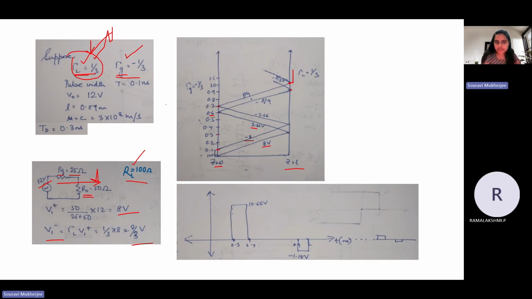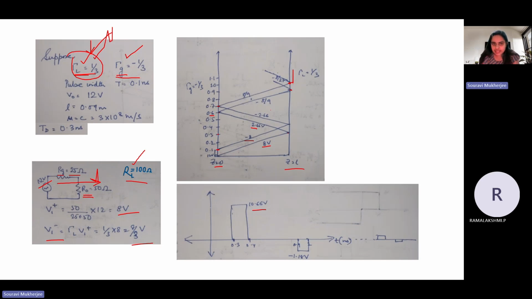Okay. So based on this relation, now what this is telling you, if you just look at 0.3 to 0.4, this region here, where your signal has reached the load end, you have given 12 volt at the source, right? But when it reached the load after 0.3 seconds, what is the signal that you are getting? So you have 8 and you have 2.66. So if you add the two, basically you are getting a pulse of 10.66 volt, right?